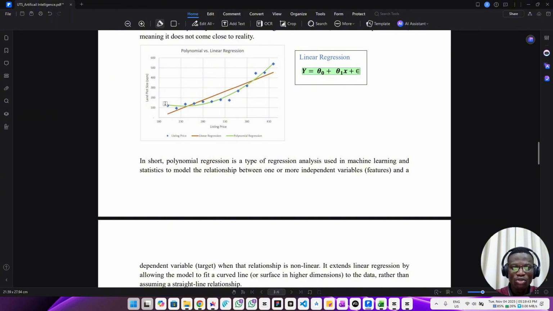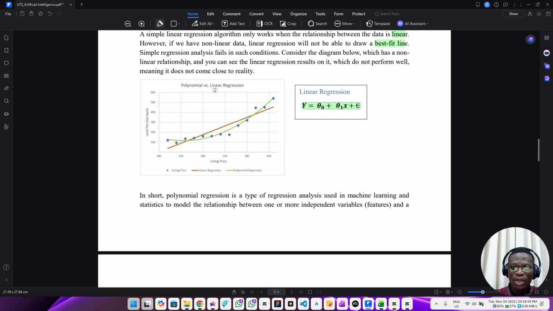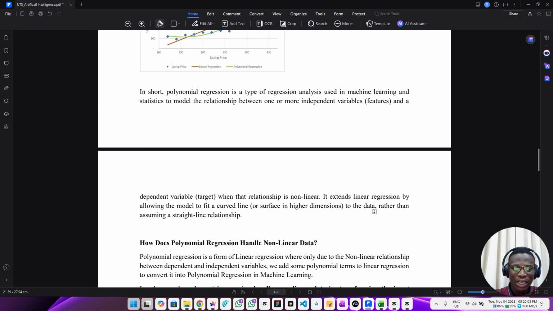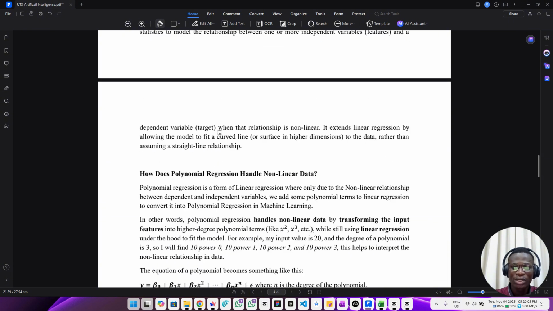A situation like this is when we use polynomial regression. In short, polynomial regression is a type of regression analysis used in machine learning and statistics to model the relationship between one or more independent variables, the features, and a dependent variable, the target, when the relationship is nonlinear.